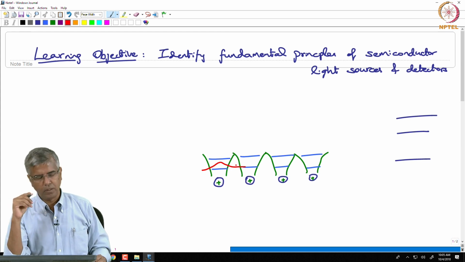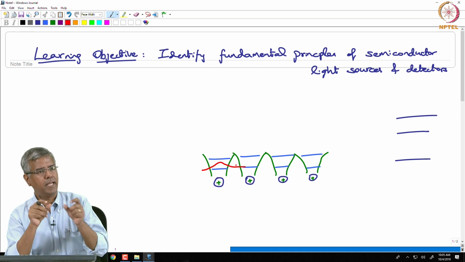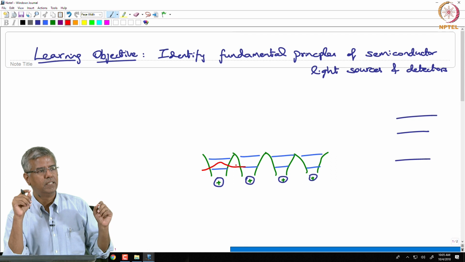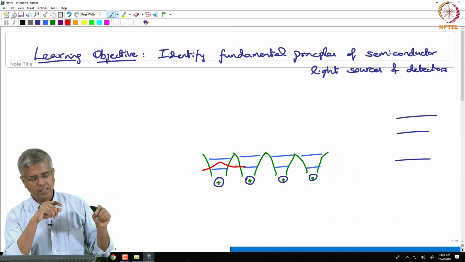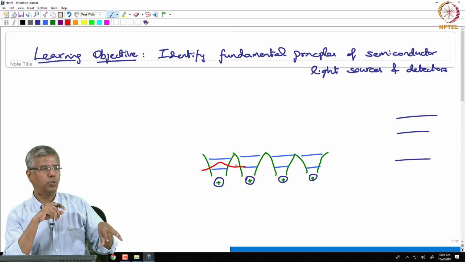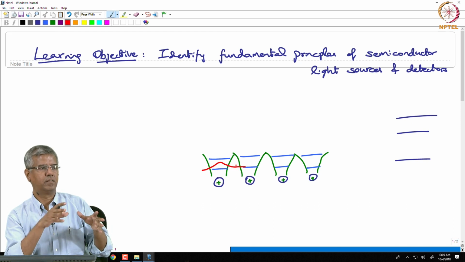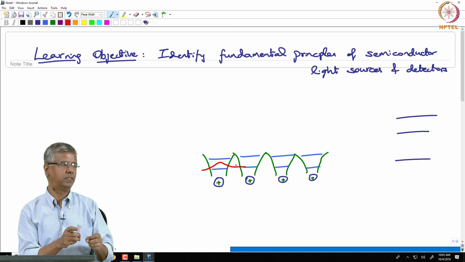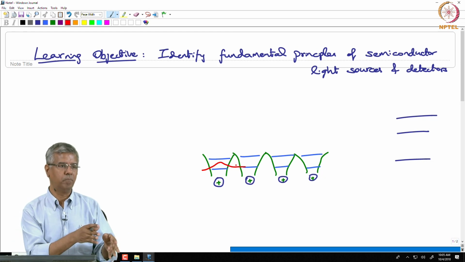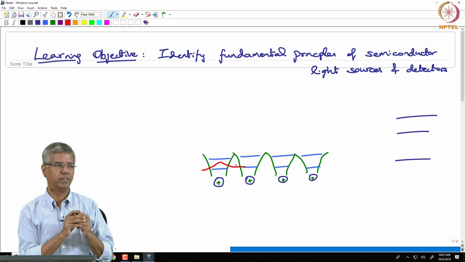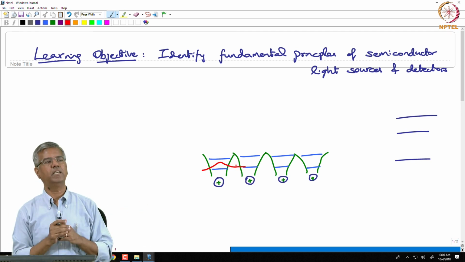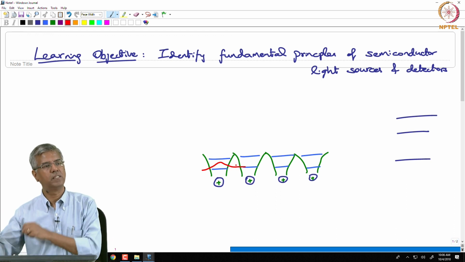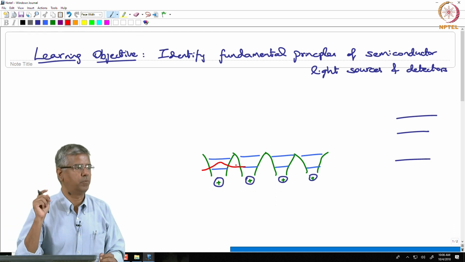So what we are saying is, when these atoms are close to each other and periodically arranged, your valence electron, which is typically bound to an atom, is different from the isolated case. If it is isolated, you can say for certainty that it is bound to that atom itself. But when you have a collection of atoms like this, there is a finite probability that it may exist in a neighboring potential well as well.